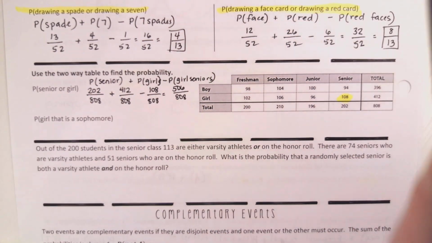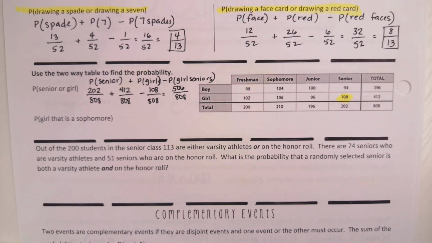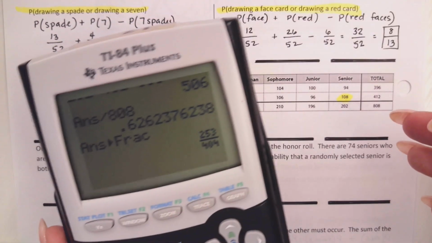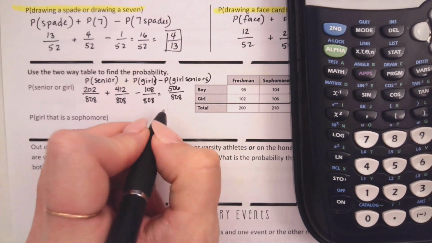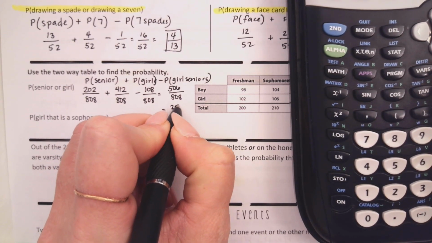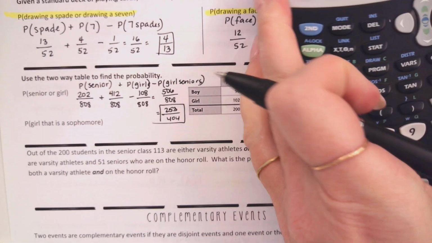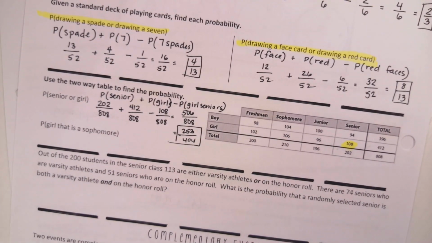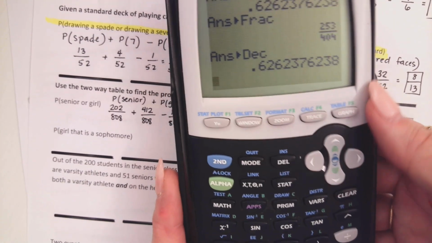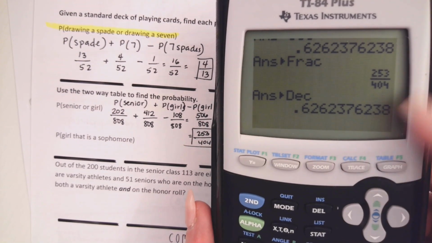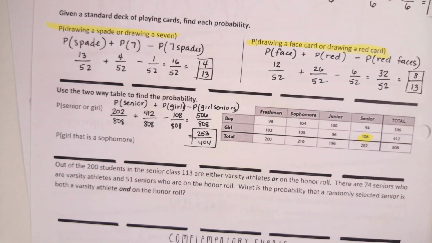What does that simplify to? 253 out of 404. I think so. What is that as a decimal? Just so I know. The decimal sometimes helps me to see the actual probability. Like 62% of getting a senior or a girl.